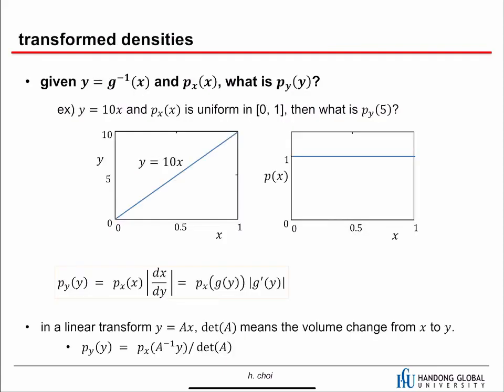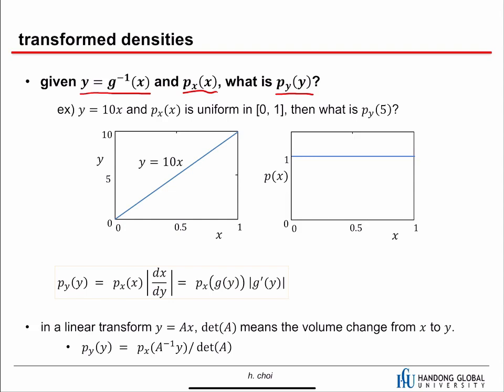In general, we're going to talk about transformed densities. We already talked about transformed densities when they are Gaussian distributions. But in general, given these transformations with the p of x, what is p of y? That's the question.